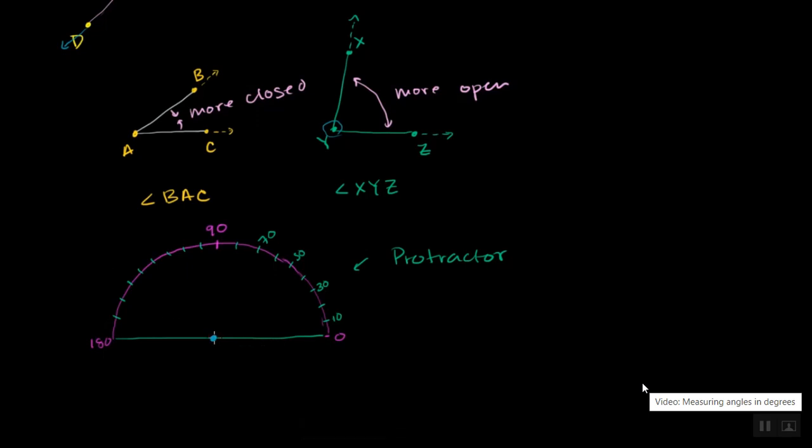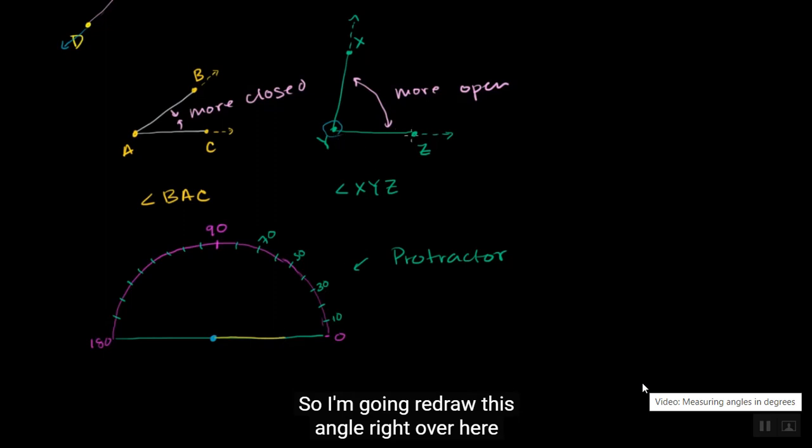So I'm going to redraw this angle right over here at the center of this protractor. So if we said this is y, then z goes right over here, and then the other ray, ray yx in this circumstance, will go roughly in that direction.